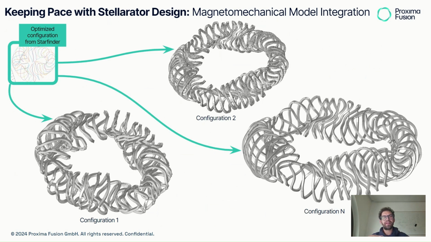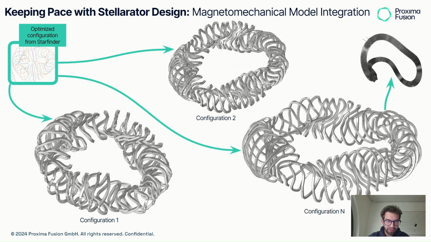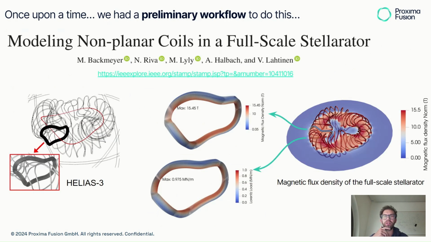And in fact, this can become really detailed, down to a sub-level cable. And this iteration occurs on a weekly basis, or sometimes even less. And how do we keep up with this? And especially, how do we do magnetomechanical model integration?